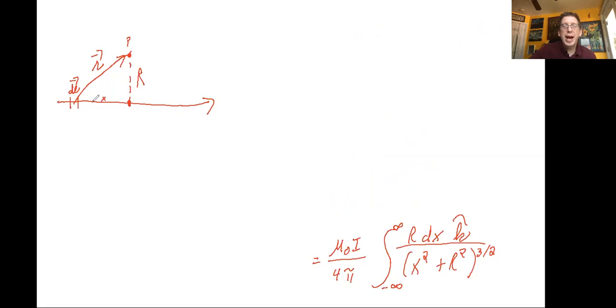We have x as the horizontal component of r, and so we'll say that the r vector is making an angle theta with the line perpendicular from the origin to the point P, and that theta goes from negative infinity to positive infinity. So we'll let x equal capital R times the tangent of theta.